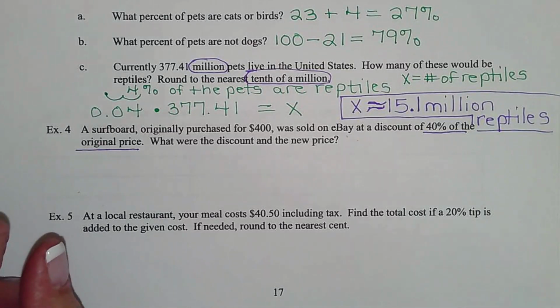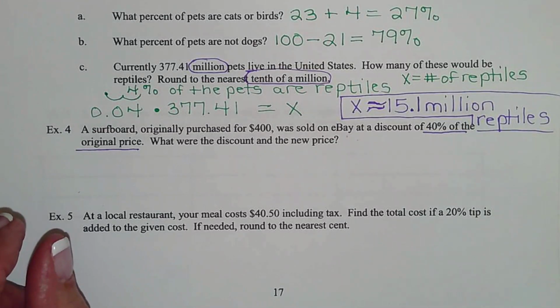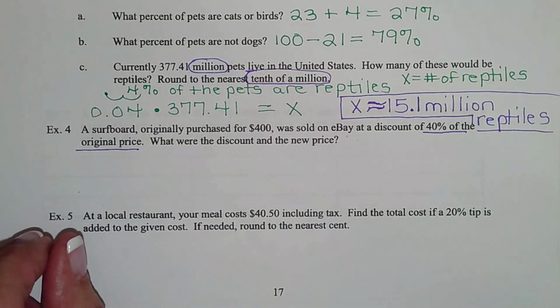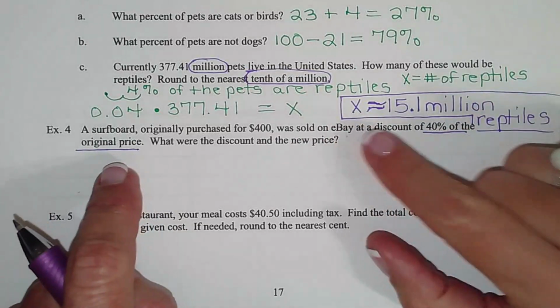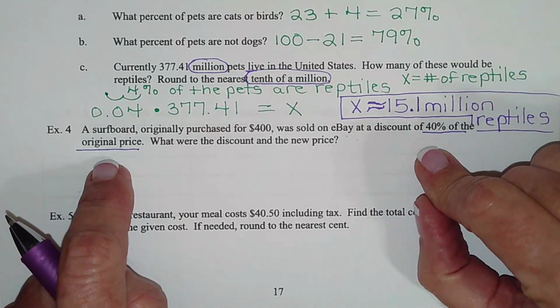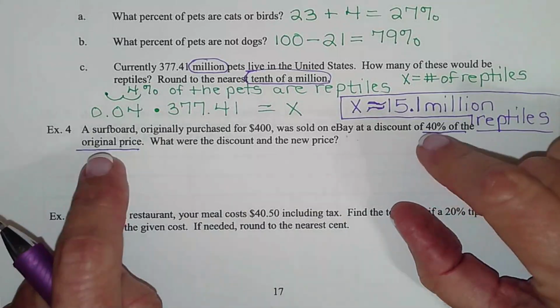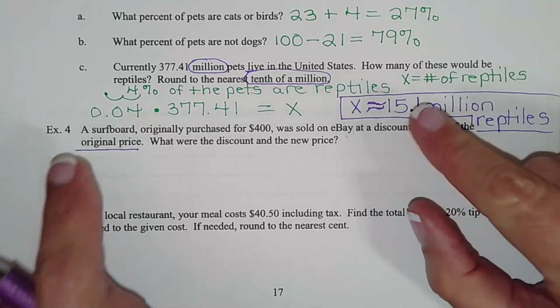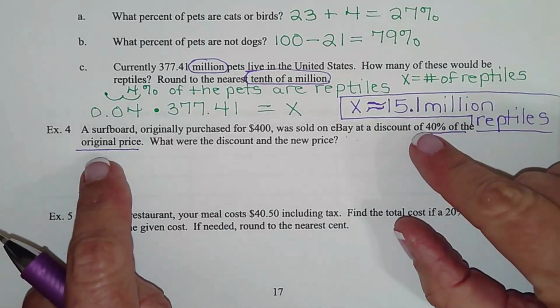So your translation knowledge from the second day of class will never, ever go away. You are continually doing translations, even when you're not in the translation section, but especially during word problems. So that right there is the key to the problem.